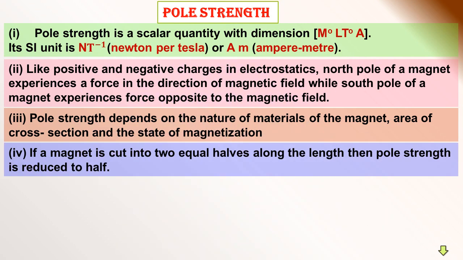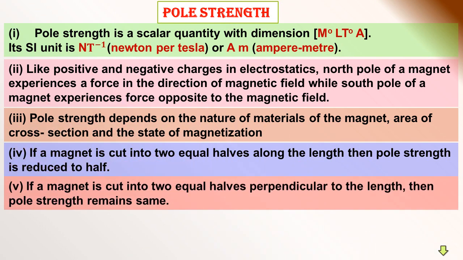Fourth point, if a magnet is cut into two equal halves along the length, then the pole strength is reduced to half. If a magnet is cut into two equal halves perpendicular to the length, then the pole strength remains the same.